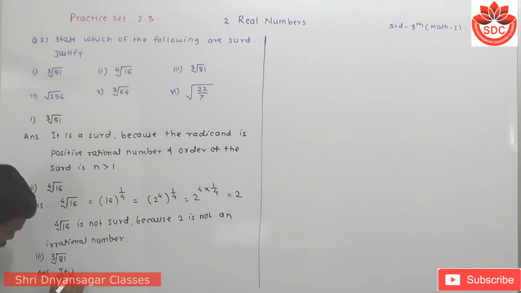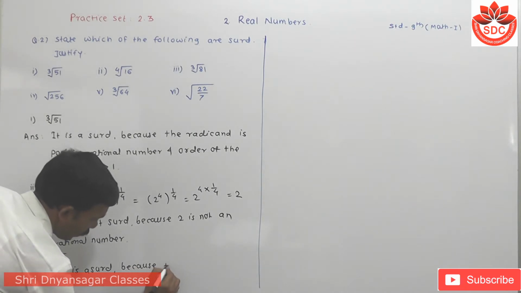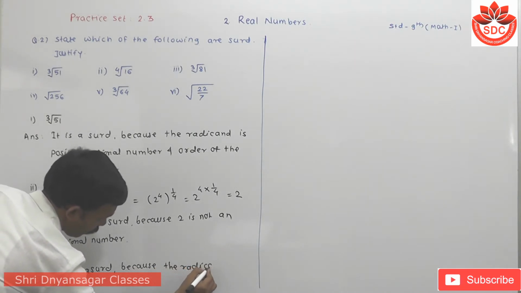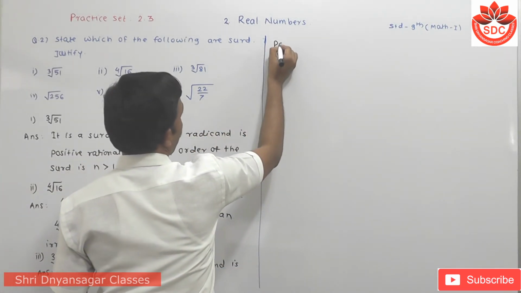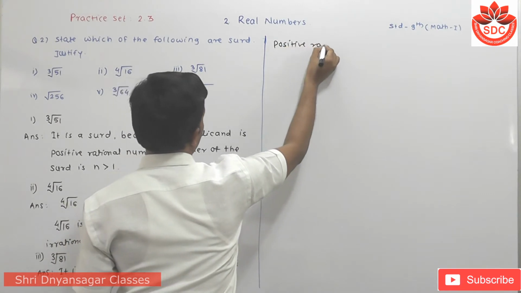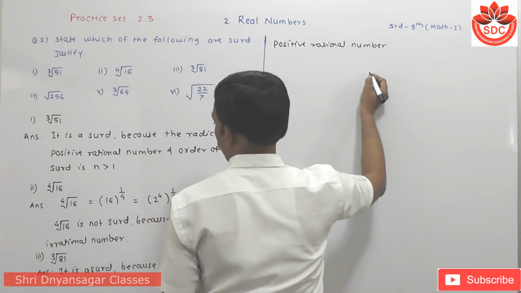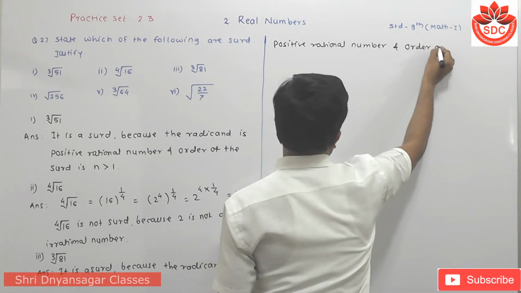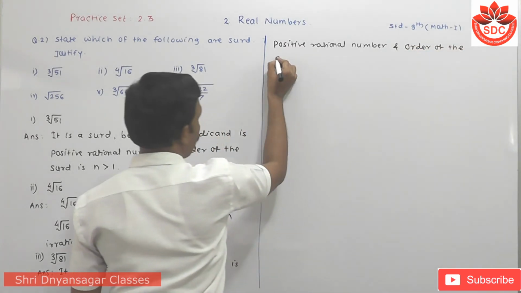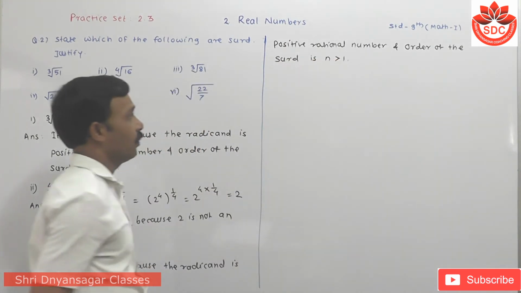So I have to write here it is a surd because the radicand is a positive rational number and the order of the surd is n, which is greater than 1.